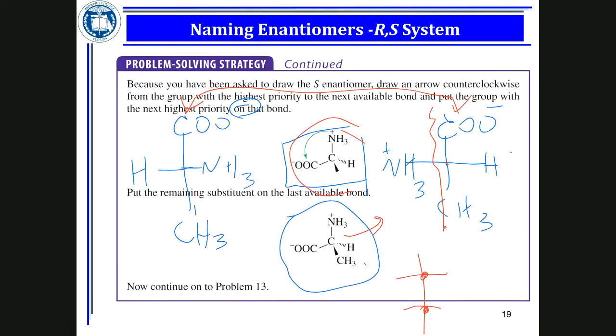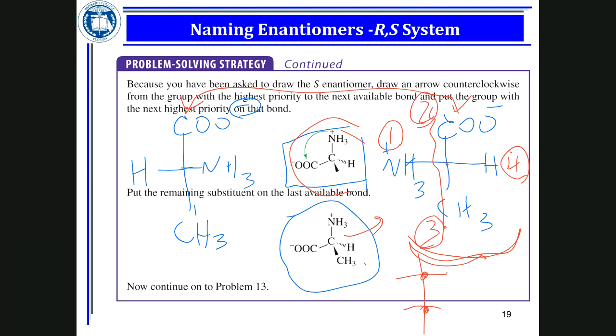So if we determine the configuration for this molecule, what would clockwise mean here? Let's assign the priority. Hopefully the priority is going to make it easier for you. So hydrogen has priority 4, and the others have priority 1, 2, and 3.